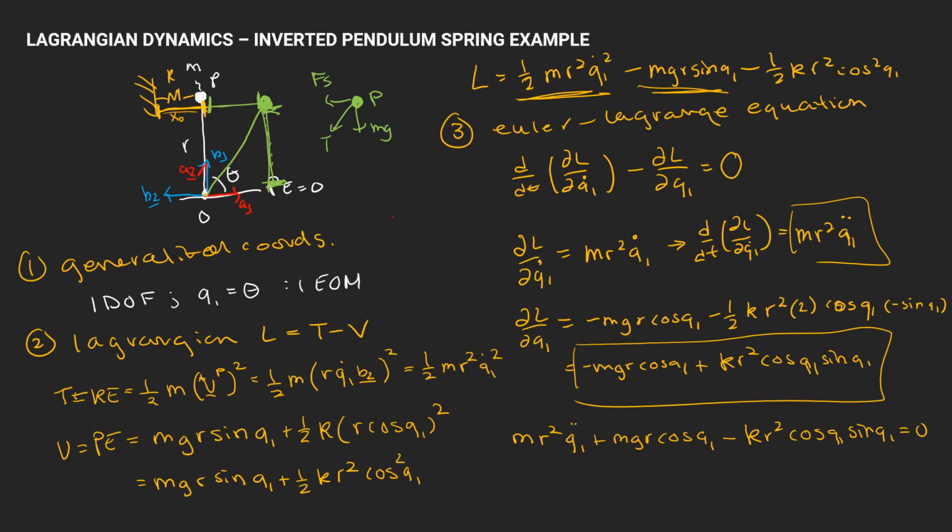And it turns out that we can do one simplifying step, which is to get rid of one of the r's in each of these components. So we'll get rid of that squared and that r.